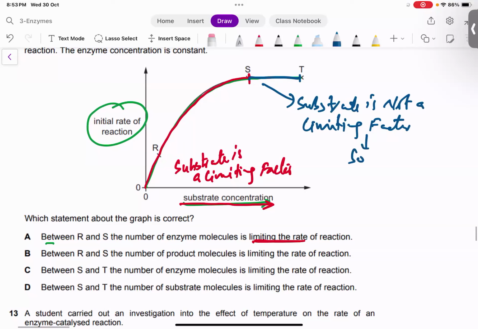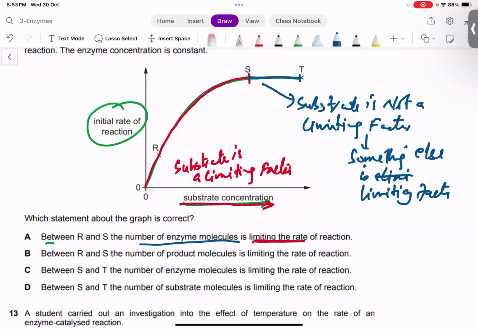So something else is a limiting factor. Okay, so between R and S, the number of enzyme molecules is limiting factor, so that's not correct. Between R and S, the number of product molecules is a limiting factor.